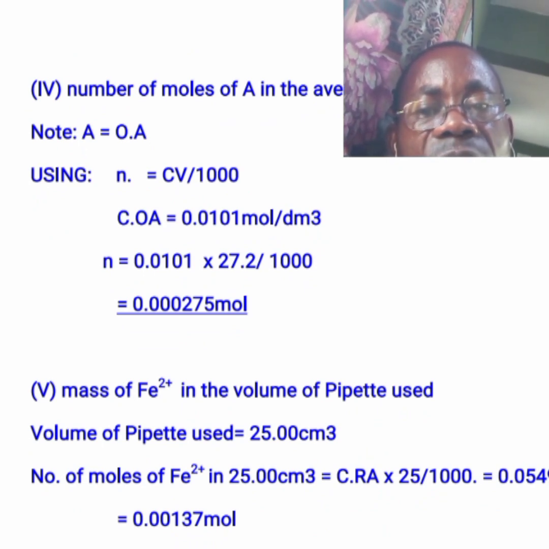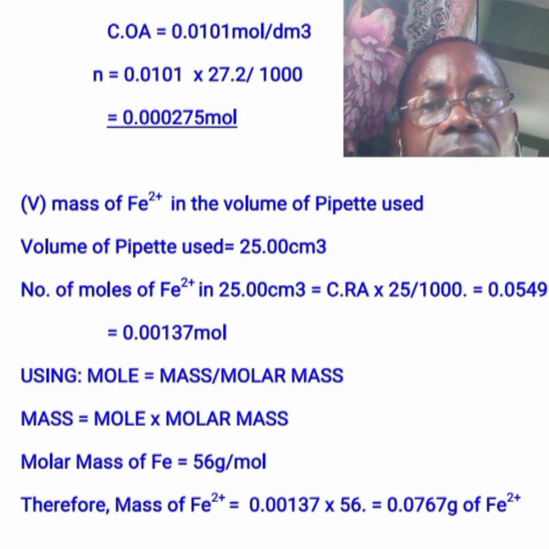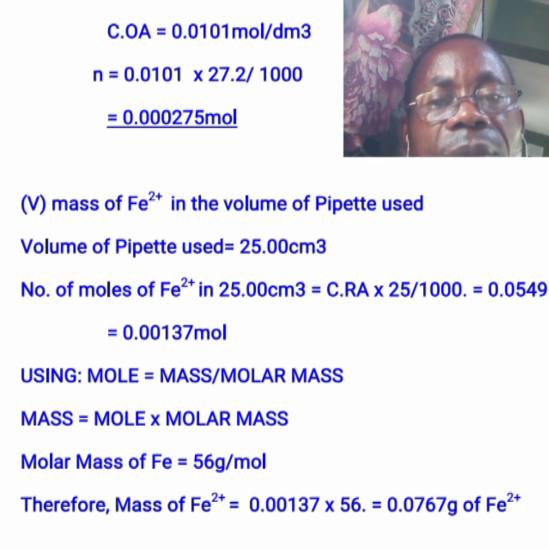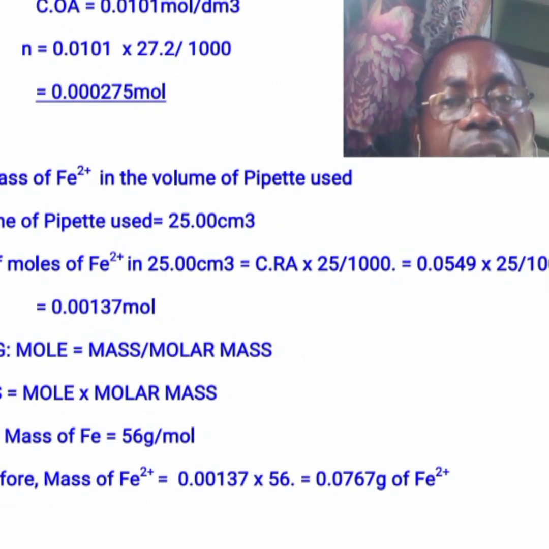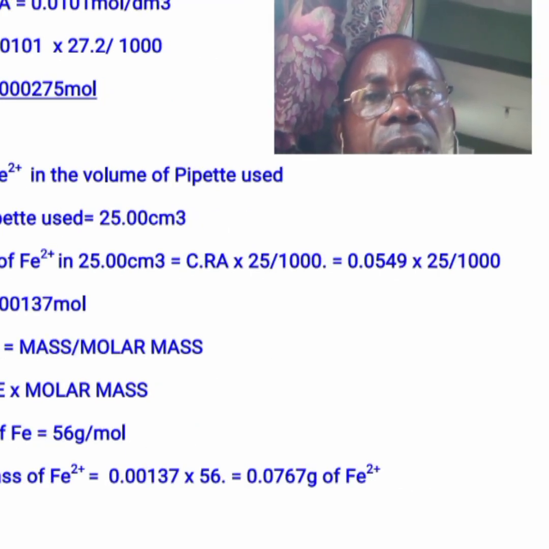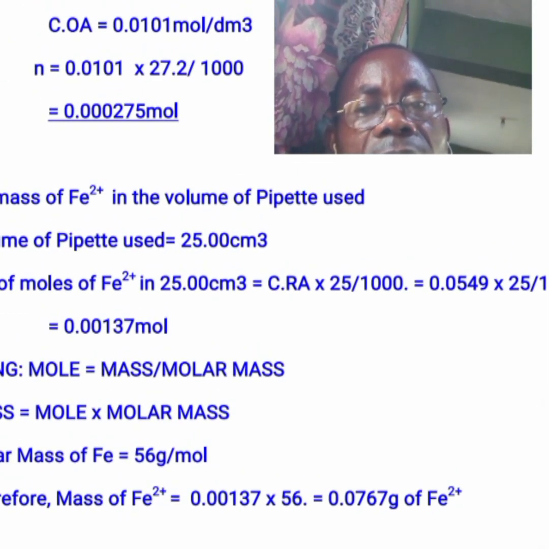The last part says we should find the mass of iron 2 in the volume of pipette used. The volume of pipette used was 25 cm cube. So we find the number of moles of iron 2 in 25 cm cube using the formula N equals CRA times 25 all over 1000. CRA is the molar concentration of the reducing agent, which is 0.0549 times 25 divided by 1000, and the result is 0.00137 mole.